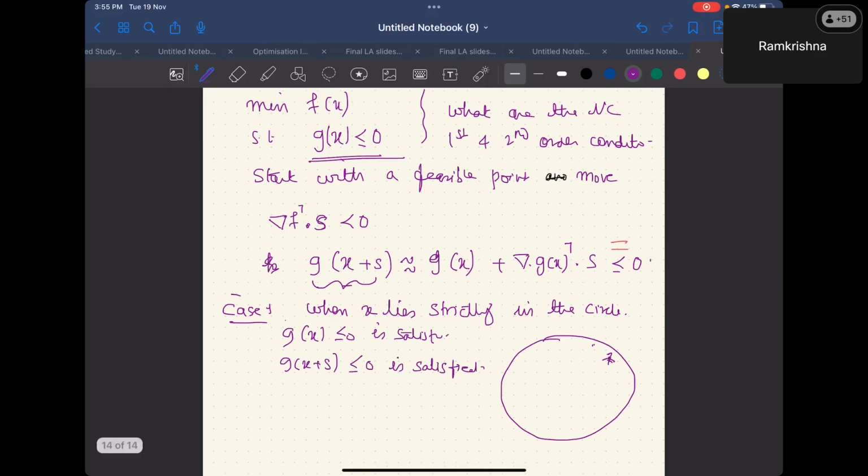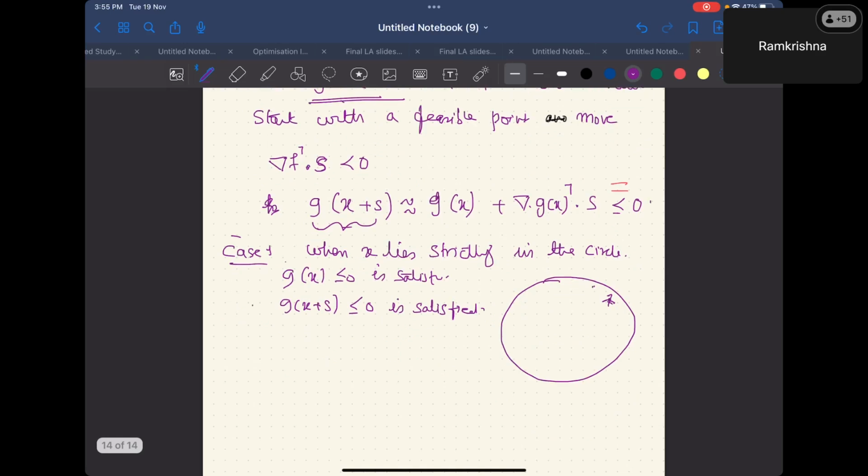Okay, this is fine, so I'm not worried about g being satisfied, because within that region I move in any direction, I'm happy. Now, what should happen to the second condition? The second condition is that my f at the same point should also decrease. What does this mean?